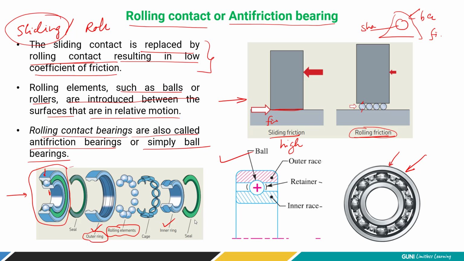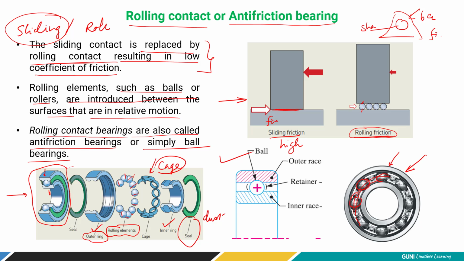Now there is also going to be a seal to prevent the entry of dust particles or to retain the lubricant inside the bearing. Now this is called the cage. The cage will retain the position of the rolling elements in a bearing. Otherwise, if the cage is not used, they may gather on one side. It may happen that all the balls will gather on one side.